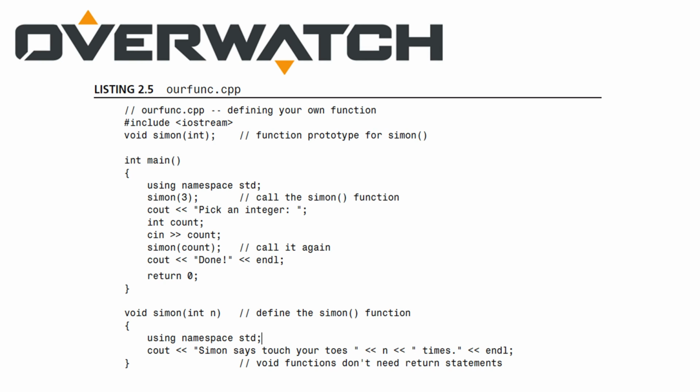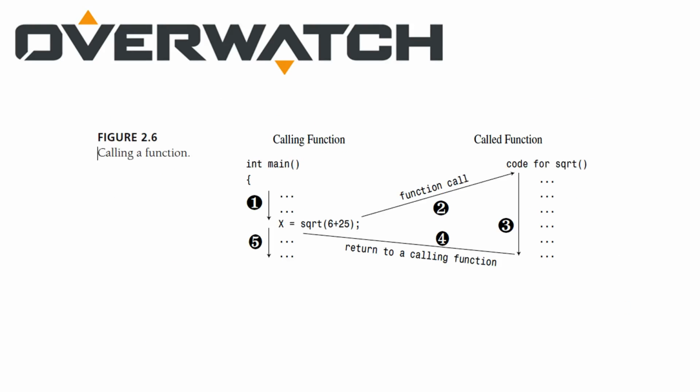So look up here in main, on the second line in main, where we're calling Simon with the number 3 in it. So that number 3 that gets put into this function call here, when we're calling Simon, when we run our code, we're also taking with us all the arguments that have been passed in.